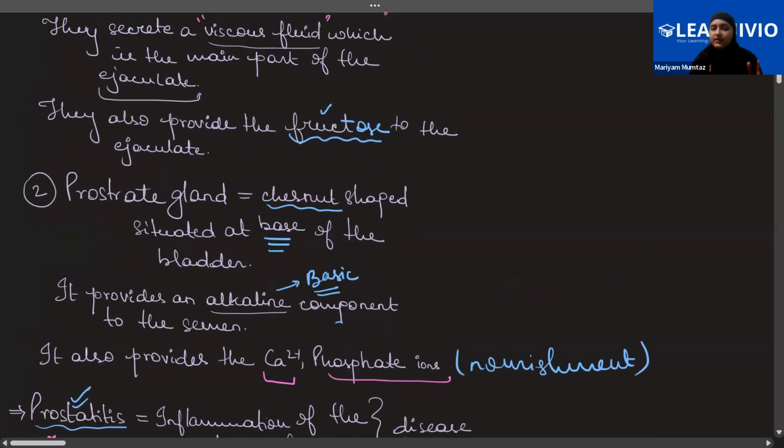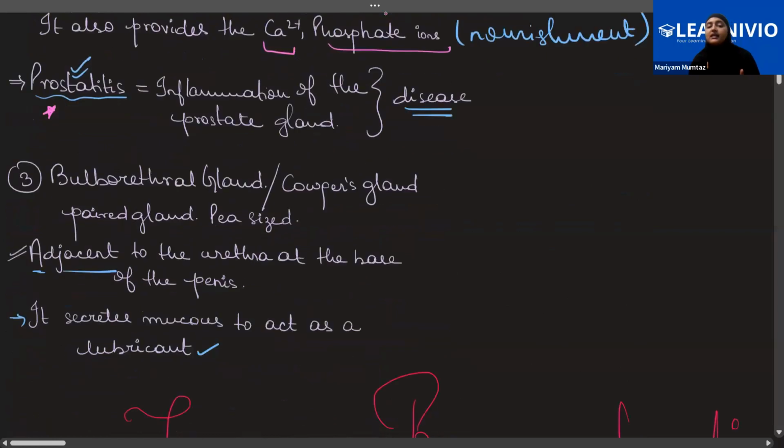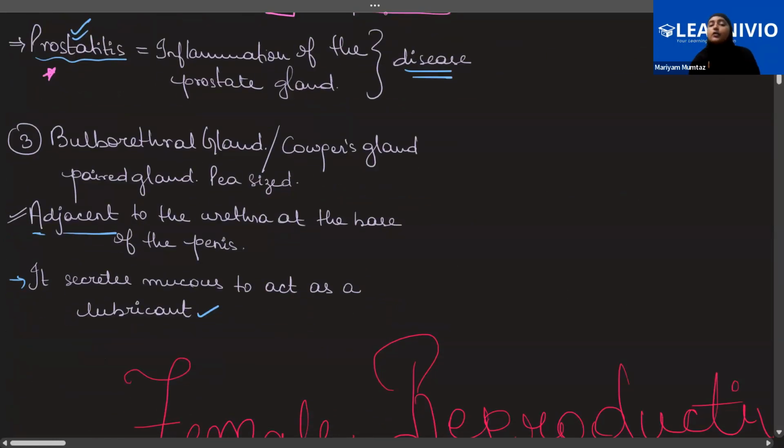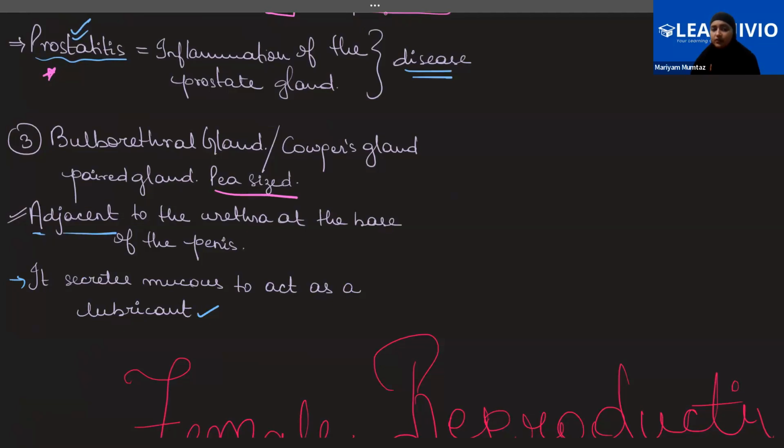Now, the two glands we have discussed, but there is yet another gland that is known as Cowper's gland or bulbourethral gland. Now, again, the bulbourethral gland is a paired gland and it is pea-sized, the size of a pea. And where is it located? It is located adjacent to the urethra at the base of the penis.